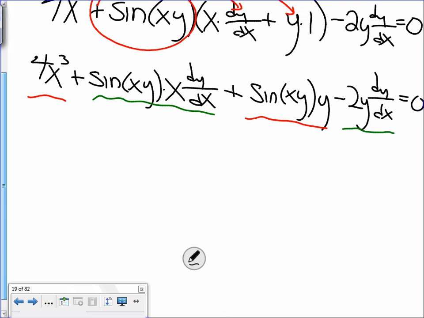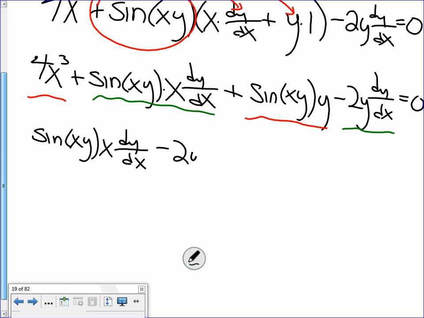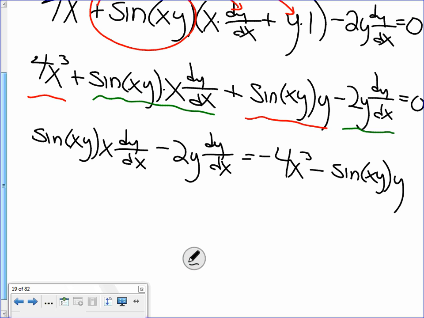So I'll still have on the left the sine of xy times x dy dx, and the minus 2y dy dx. But on the other side, I'll have a negative 4x cubed minus the sine of xy times y. See, the signs change, they're subtracted.